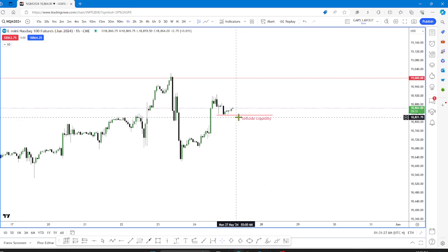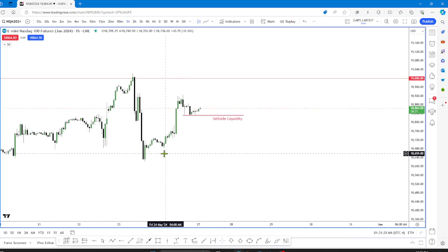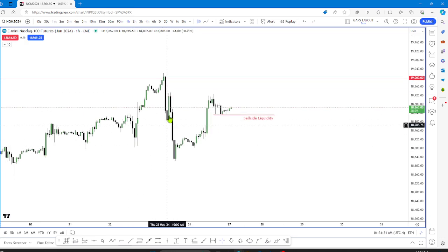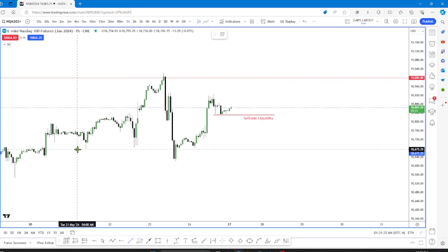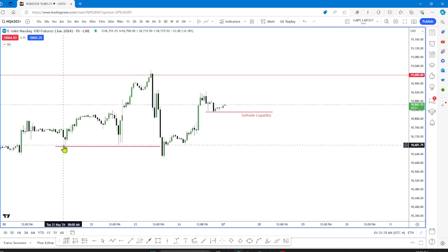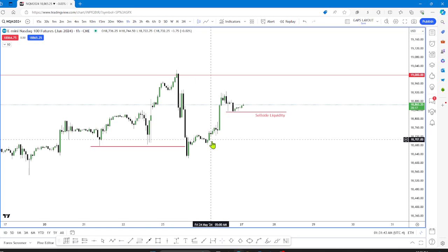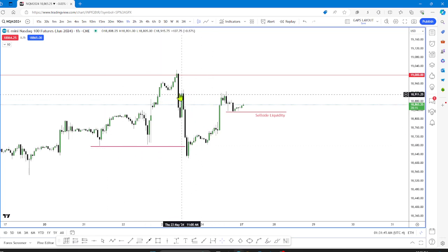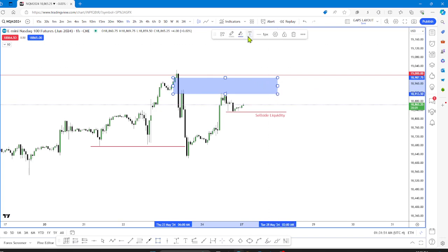So current sell side liquidity on the 1 hour. We had this nice displacement on Thursday. Relatively equal lows in here. This was such a nice sell on that Thursday. We caught those sells in there. So, yeah, we'll see how we react here within this 1 hour fair value gap.